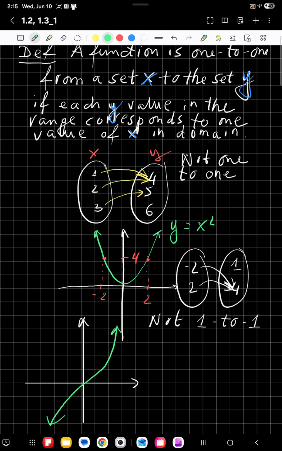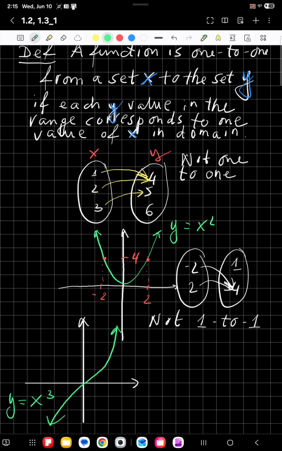This one is 1 to 1, because you cannot find two or more x's that would correspond to the same y.